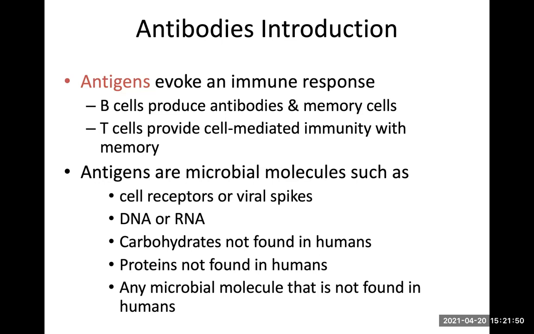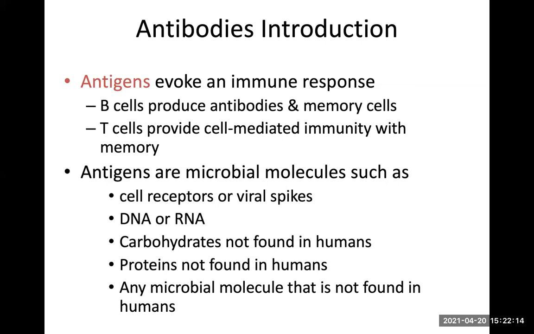The only difference is B cells can actually grab antigens out of solution, right? Free antigens. Whereas T cells have to have antigen presented to them. So there's a difference there. But typically, if antigens are present, you're going to stimulate both branches of your adaptive immune system.